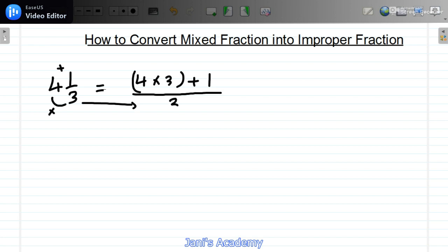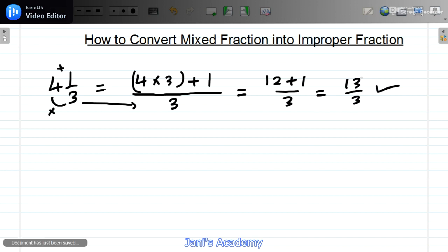I don't have to change the denominator, so my answer will be 12 plus 1 upon 3. So the final answer will be 13 upon 3. This is the mixed fraction converted into an improper fraction. Here you can see the numerator is a large number and the denominator is the small number, so this is an improper fraction.